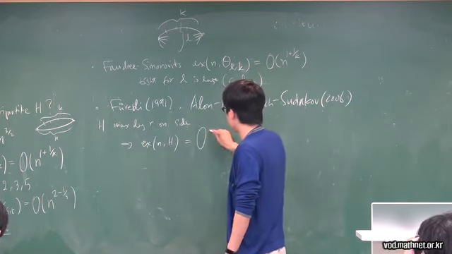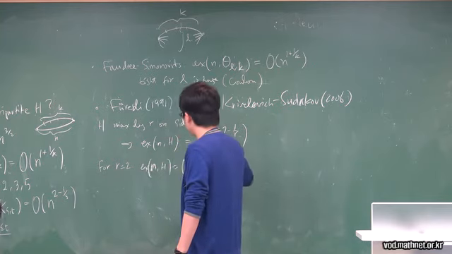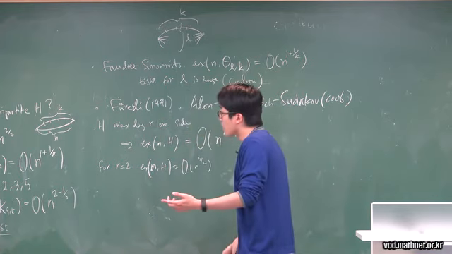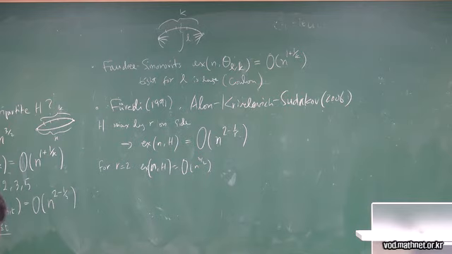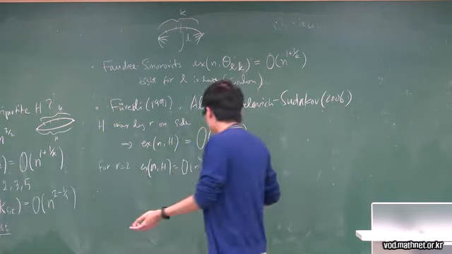And this is more or less tight. For example, for R equals 2, this is tight because if R is 2, then you have this, and apparently this four-cycle has max degree 2 on one side. Actually, obviously.